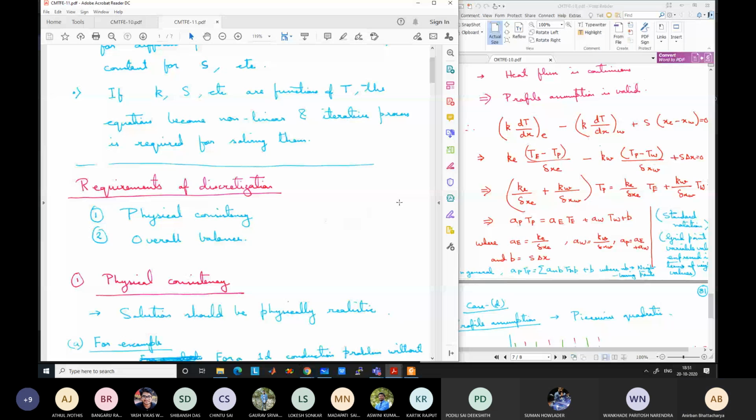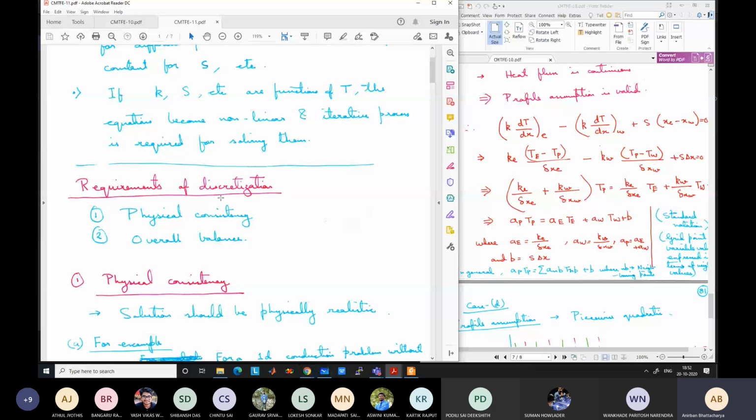Now we will formally define these requirements. One is that any discretization scheme should be physically consistent. I will come to the meaning of physical consistency, but, for example, we have seen a case that flux should be physically consistent.